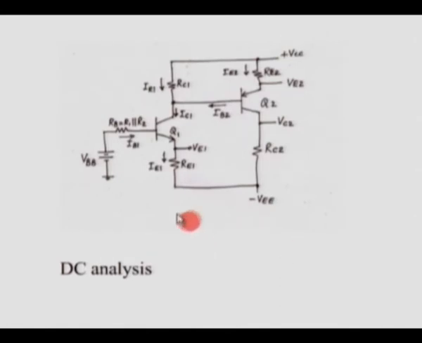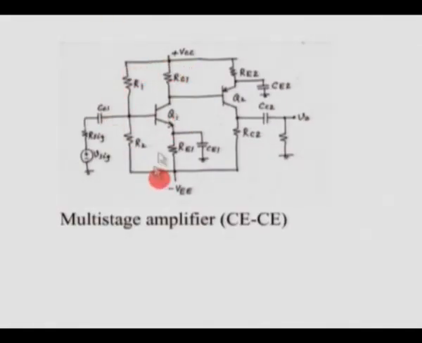Now the first stage is fairly easy. The way we analyze a common emitter amplifier is we disconnect the source, convert the input side into a Thevenin equivalent, and we get a VBB.